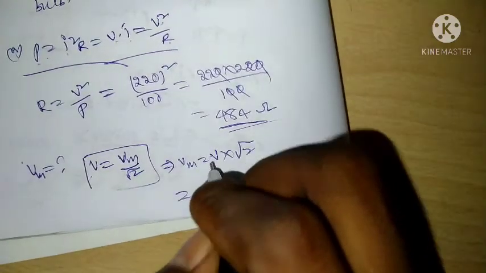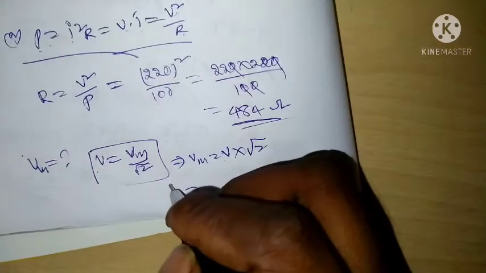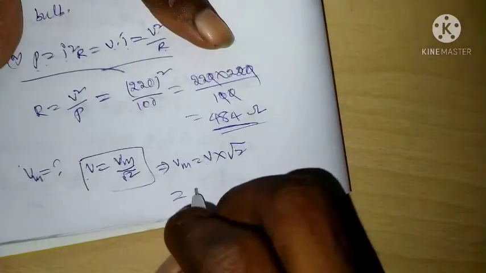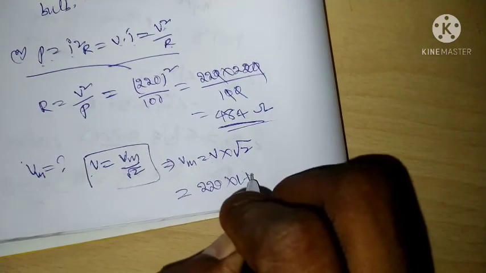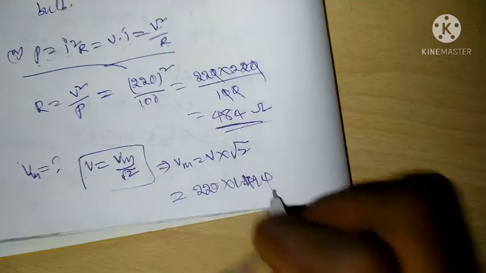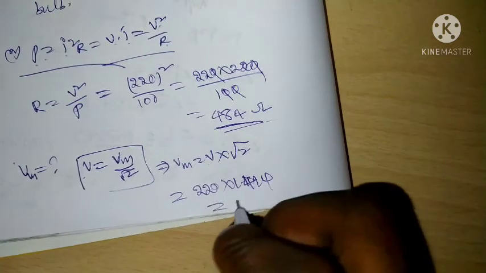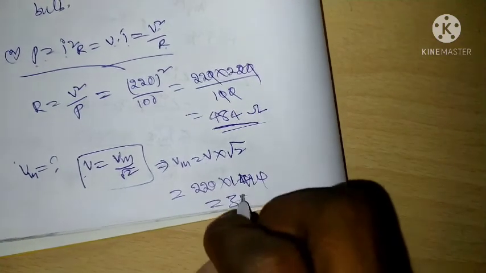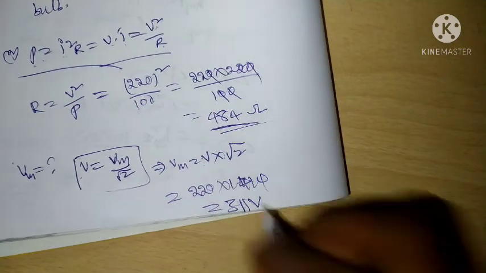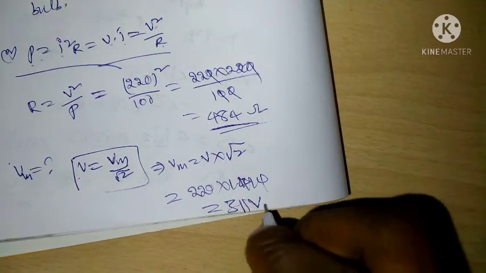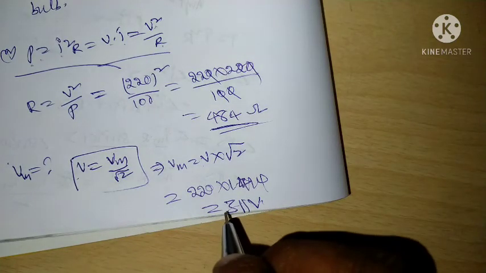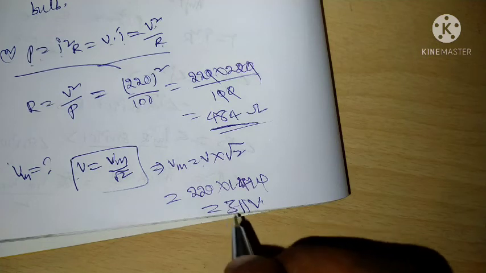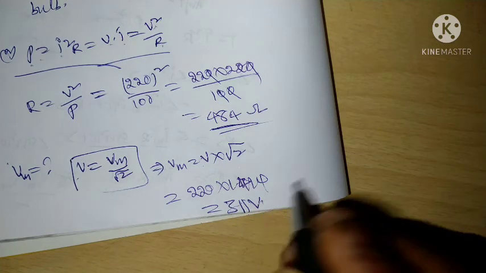What is the V value? 220. 220 into root 2, that is 1.414, we get 311. What are the units of voltage? Volts. So the maximum voltage of the source is 311 volts.